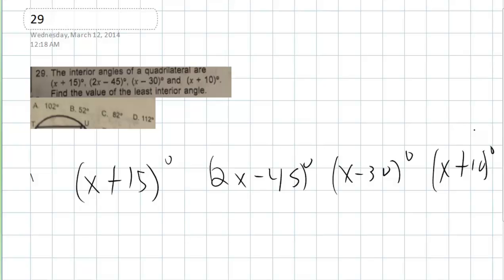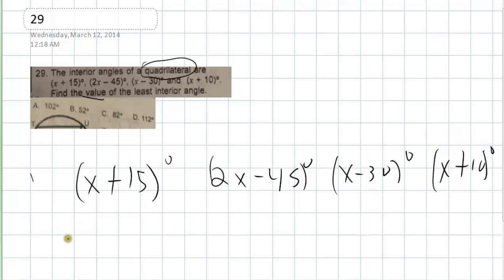Alright, so to be able to do this, the first thing that we want to do is ask ourselves, how can we find x? Because we're going to need to find an exact value. So we need to find something that we can make x be. And so we'll notice that they said a quadrilateral. Quadrilaterals have interior angles that add up to 360 degrees.